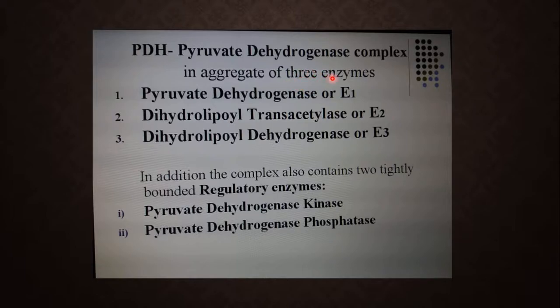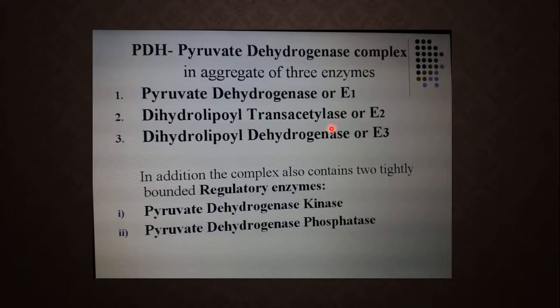The deficiency will create certain disorders. For example, the deficiency of E1, mentioned here, will create disorders, which I'll let you know about later on. Here, just understand that the pyruvate dehydrogenase complex is an aggregate of three enzymes. What are those three enzymes? Number one, pyruvate dehydrogenase, or E1.